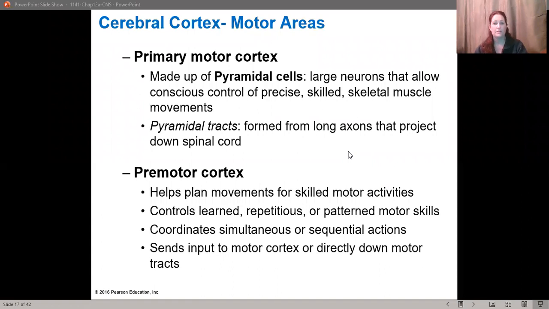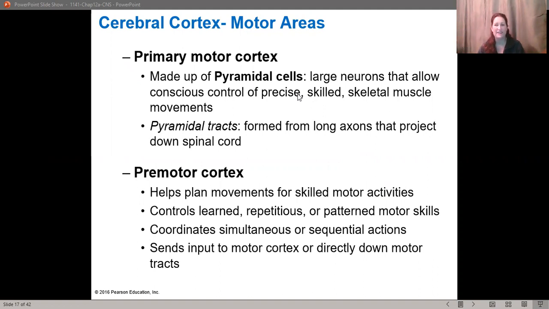The primary motor cortex is part of the frontal lobe. It is made up of large pyramidal neurons. So if you remember when we were looking at that table of different kinds of neurons, we have Purkinje neurons, which we'll talk about when we get to the cerebellum. And for now, we're going to be talking about pyramidal neurons.